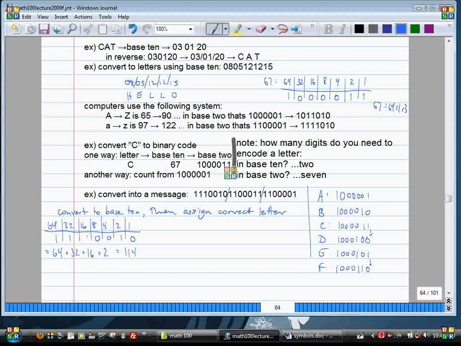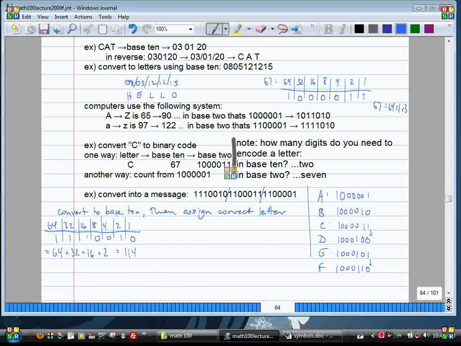Alright. So I will give you a nice little shortcut to figure this out. Notice that 97 through 122, we can make that look like 1 through 26. How can we do that?